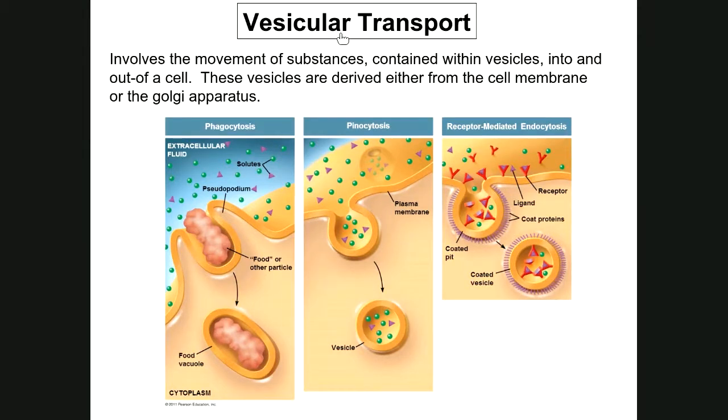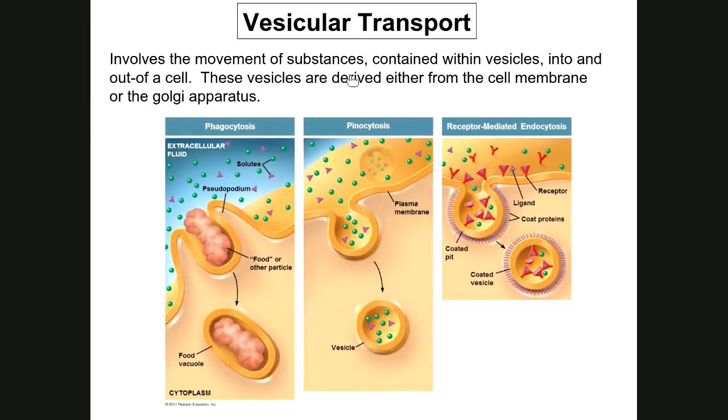So again, it's either the size of the solid is too large for any channel or carrier protein to accommodate, or it's the quantity of solids. The quantity is too great for any channel or carrier protein to accommodate. Therefore, we need this type of transport.